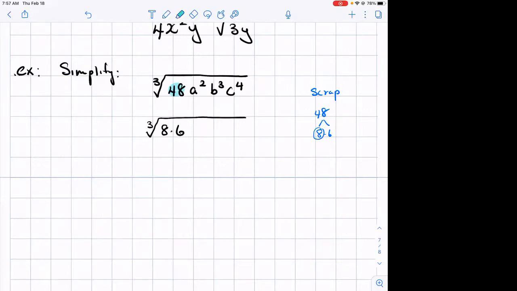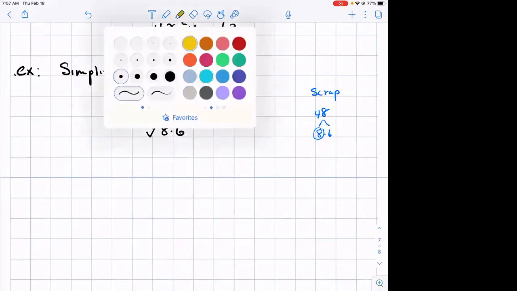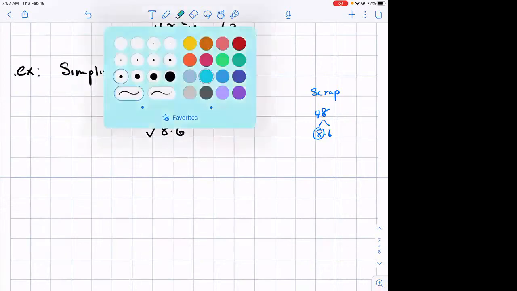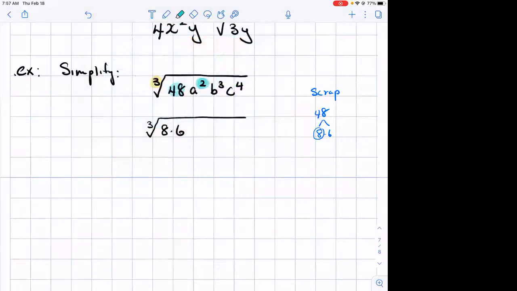Now, the power here is not divisible by the index. And notice it is smaller than the index. So there is no simplification. Anytime the power is smaller, there is no simplification. So we leave this as a squared.